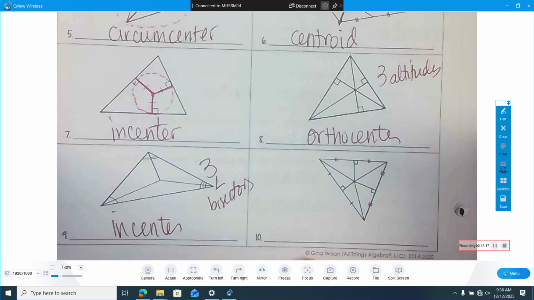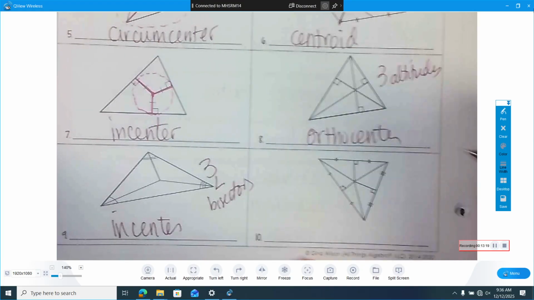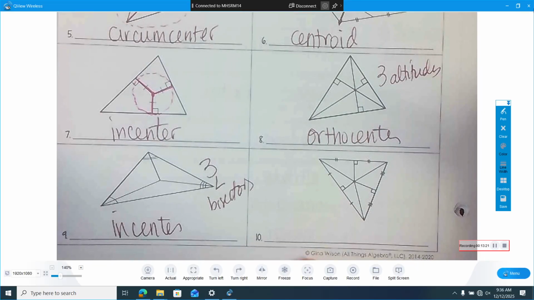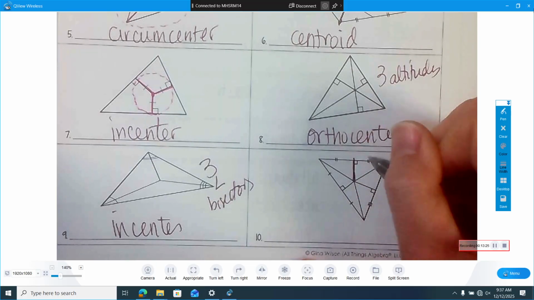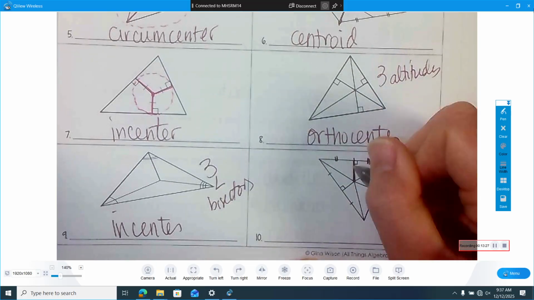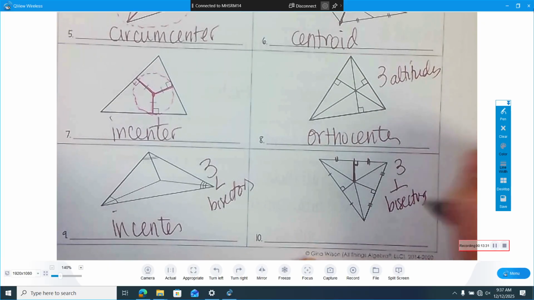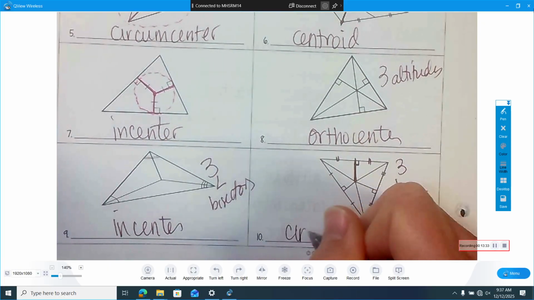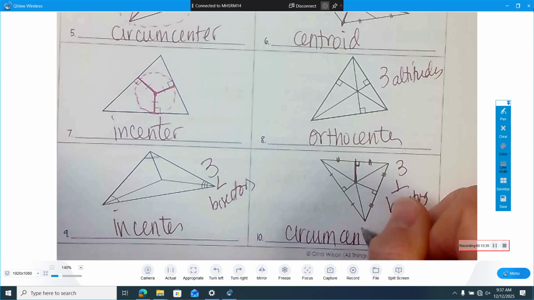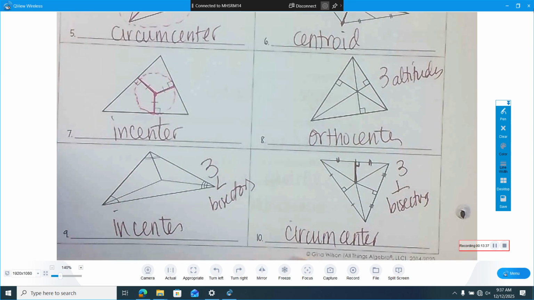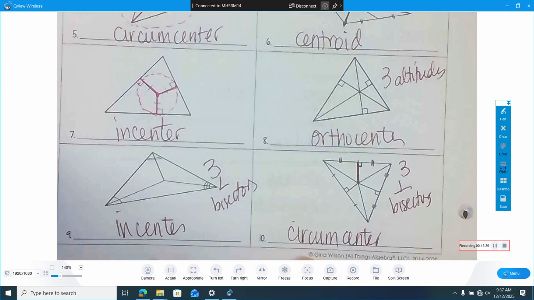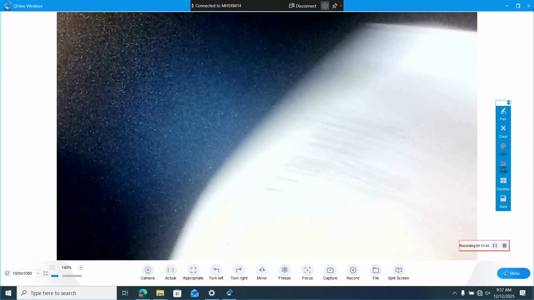What did they give us here? Perpendicular bisectors. So 3 perpendicular bisectors. Yep, so this is circumcenter. All right, half of your test is just identifying these things. That's half of your test.